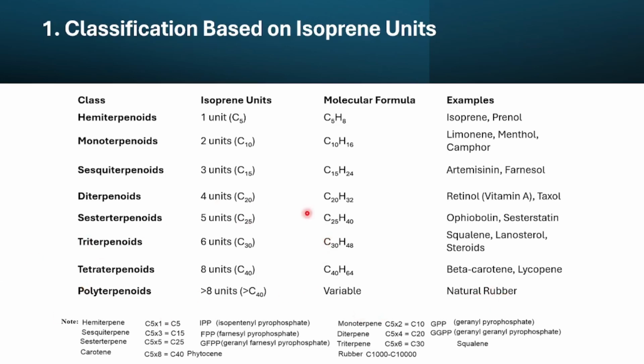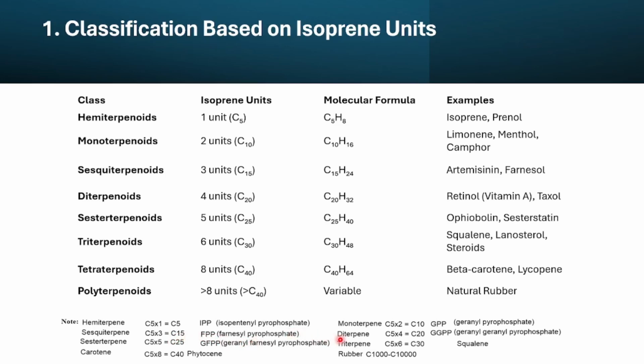Here is something which is most important. When C10 carbon is present in a class, then it is called geranyl pyrophosphate. When C15, then it is called farnesyl. For carbon 10, geranyl, and for carbon C15, farnesyl.